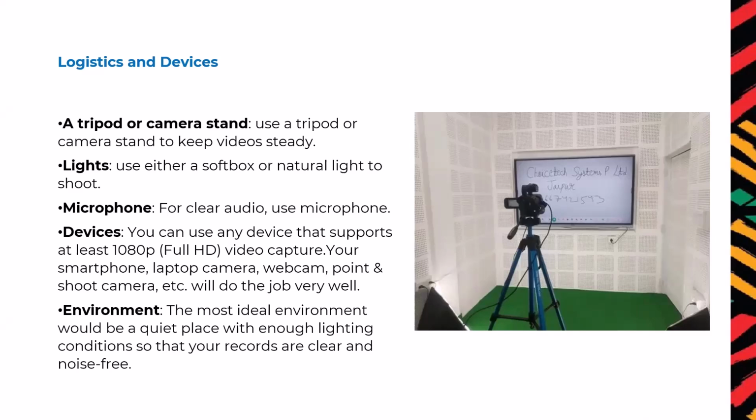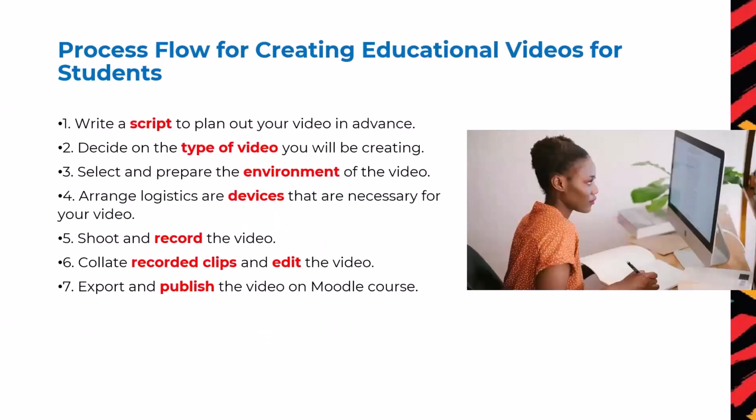They want to listen to you clearly. Other devices that you may need include the laptop, the web camera, or the camera itself, or the smartphone. And the environment is where you're going to shoot. We said it needs to have enough lighting.